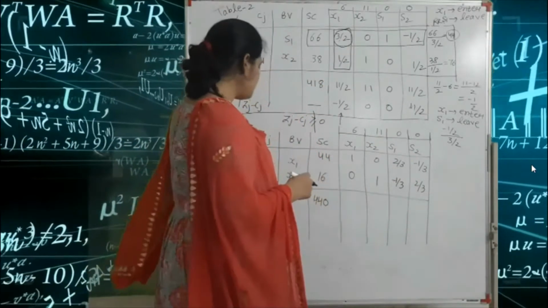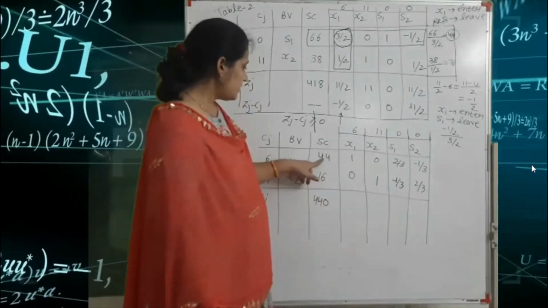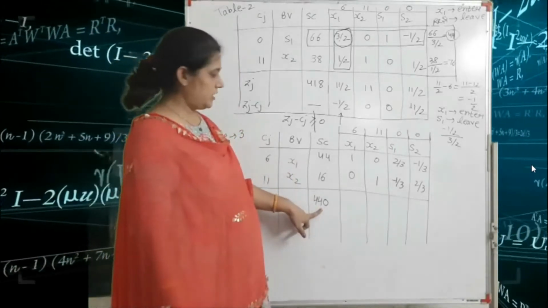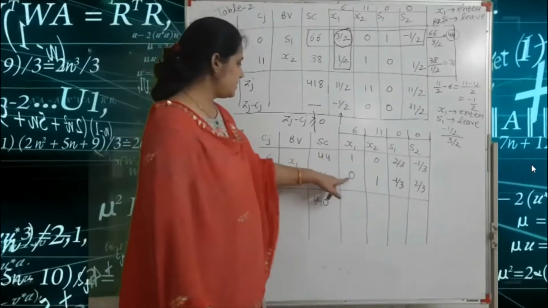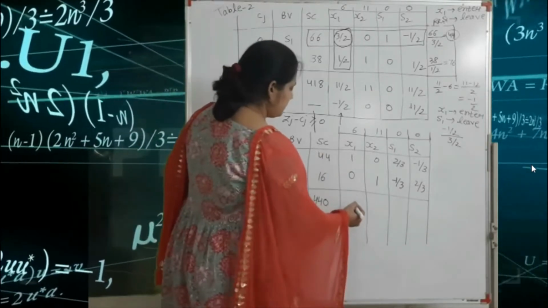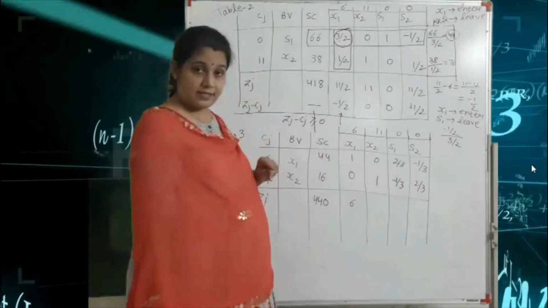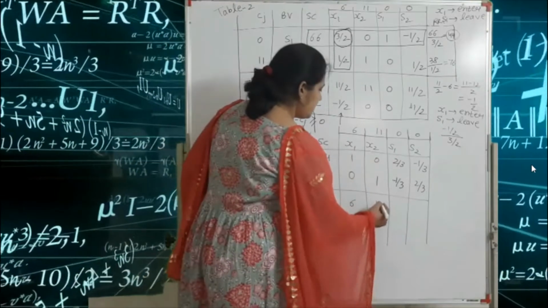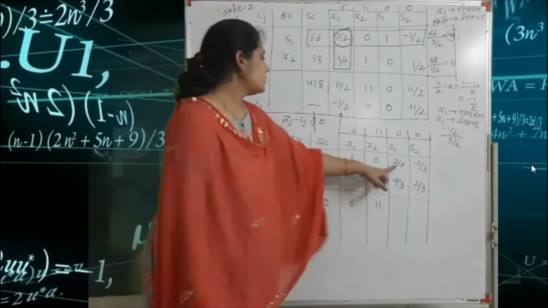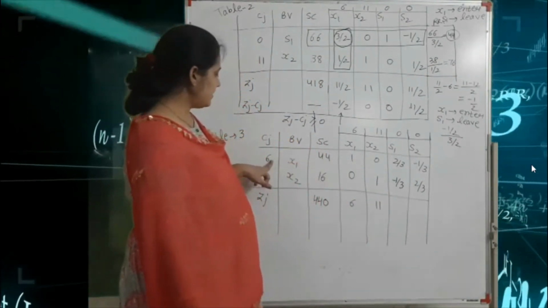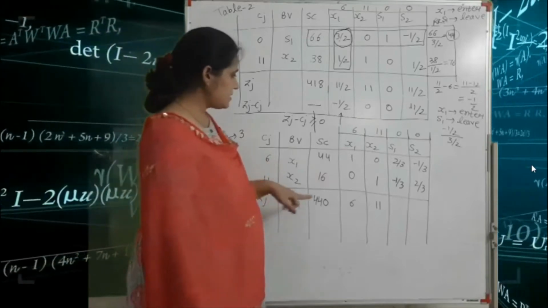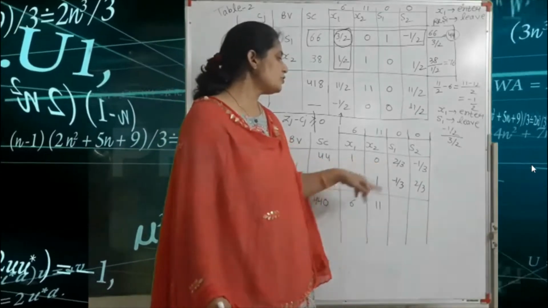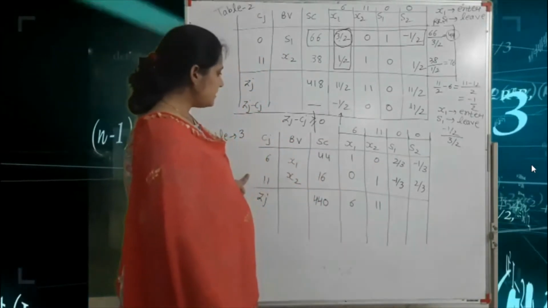Okay, next we find the z value. So 44 into 6 plus 16 into 11, so we get 440. 1 into 6 plus 0 into 11, that means we write here the 6 value. 0 into 6 plus 1 into 11, that means we write here the 11. Okay, 2 by 3 into 6 is 12 by 3, plus 11 into minus 1 by 3, that is minus 11 by 3.